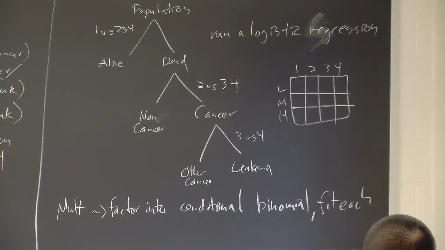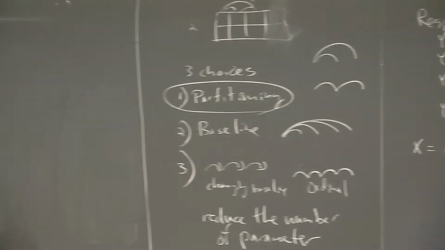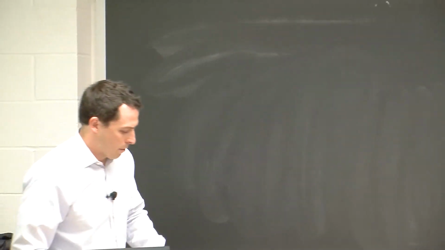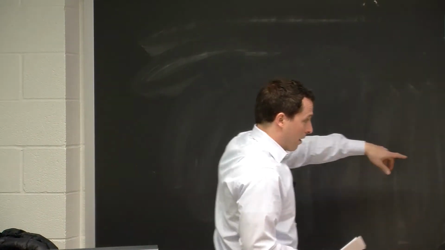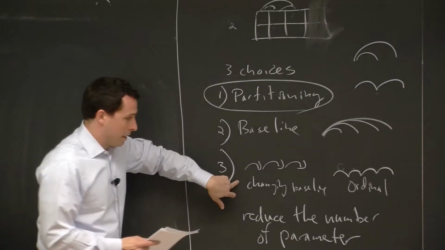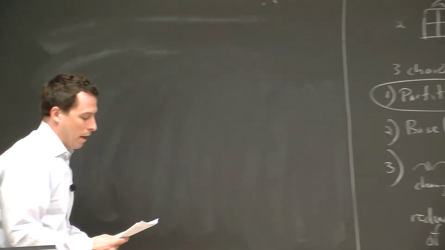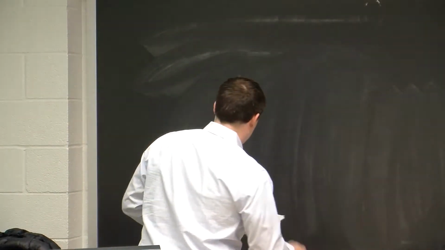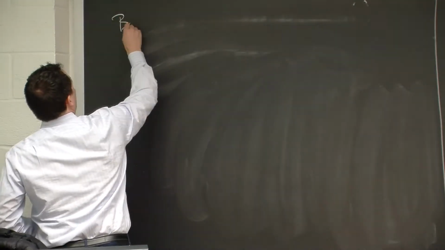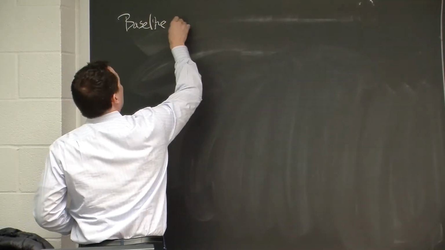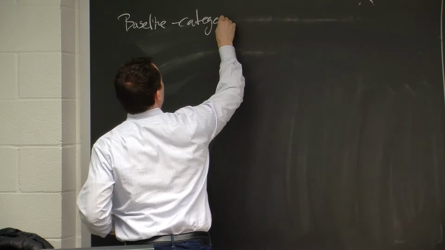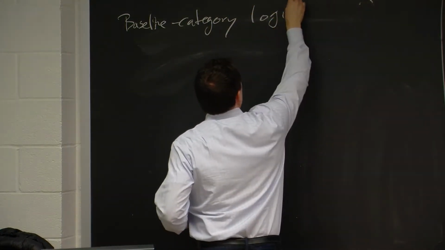Of course, not all data admits a partition that's theoretically sensible. And so we have other models based on this idea that apply to more general cases. So this next one is called a baseline category logit.